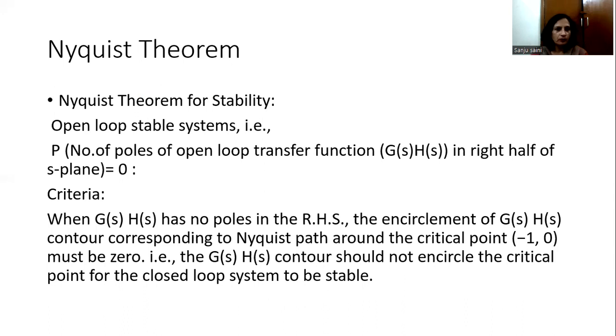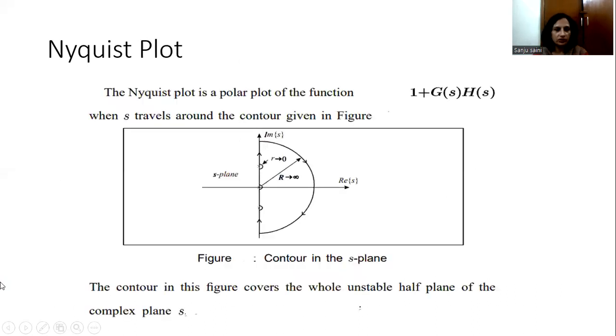When the system is open loop stable, it means that G(S)H(S) has no pole in the right half of the S plane. Then the encirclement of the G(S)H(S) contour, corresponding to the Nyquist path, around the critical point minus 1 plus j0 must be 0. That means the G(S)H(S) contour should not encircle the critical point for the closed loop system to be stable. We have already shown you the Nyquist contour.